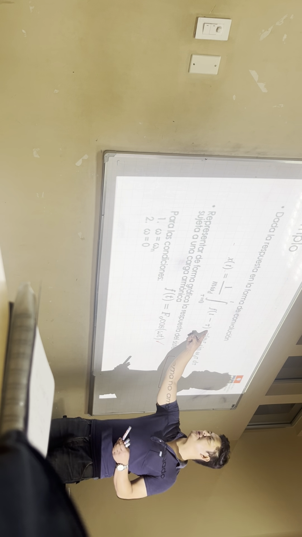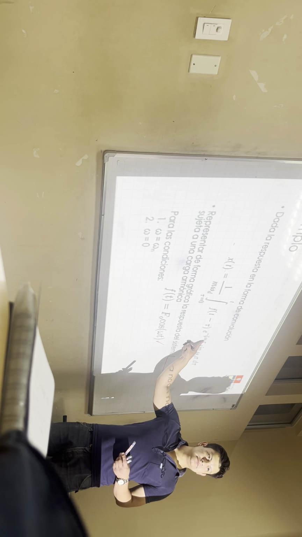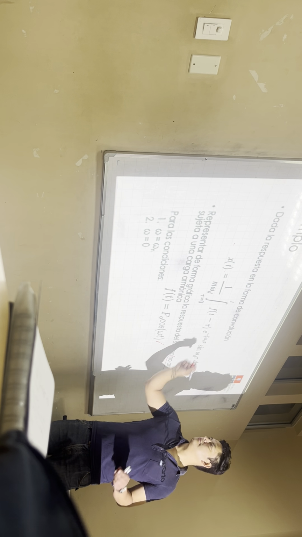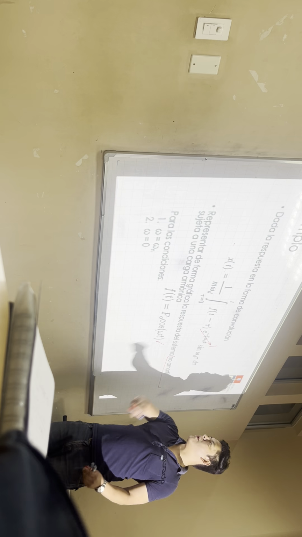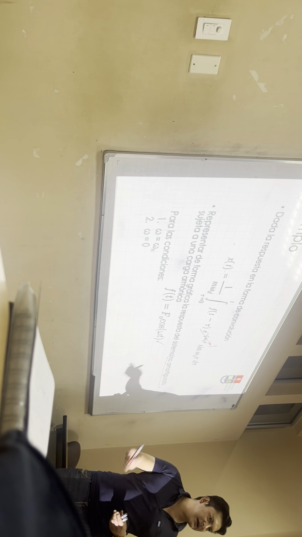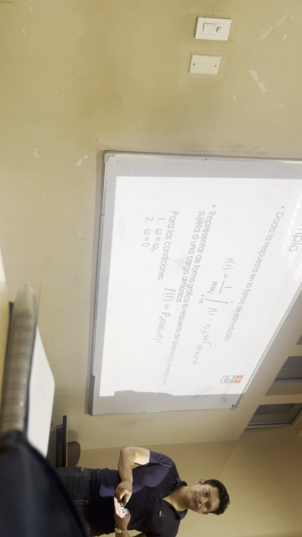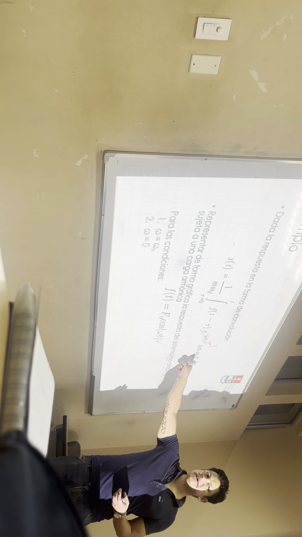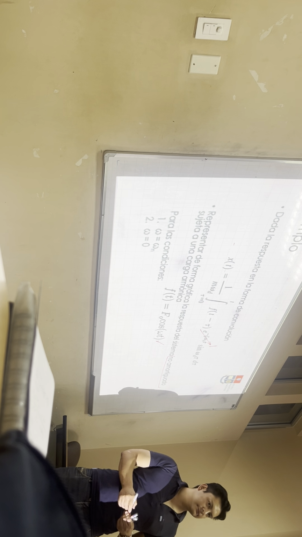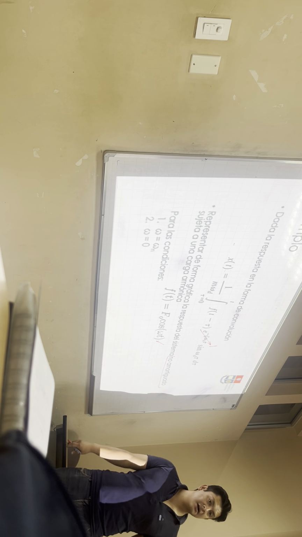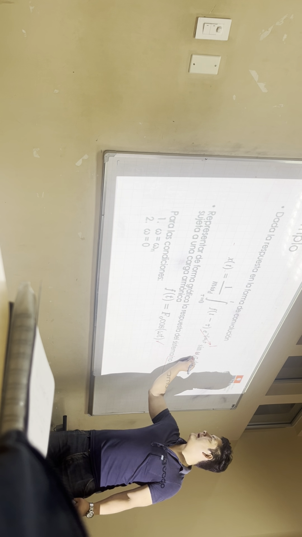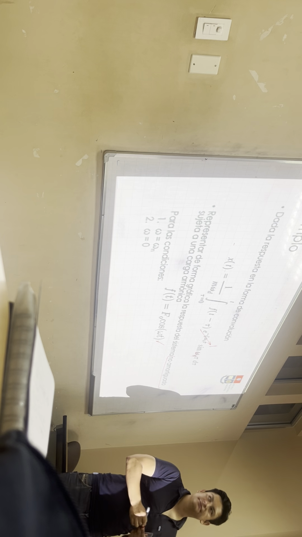If we have no damping, what happens to this? One, right? Just like this is not there. Furthermore, what changes? What happens with this omega d? This becomes omega n, the natural frequency. And this one as well.